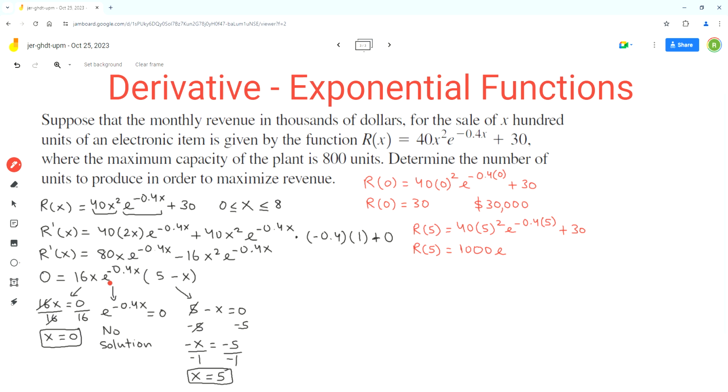Now the exponent of e is negative 0.4 times 5, which will become negative 2.